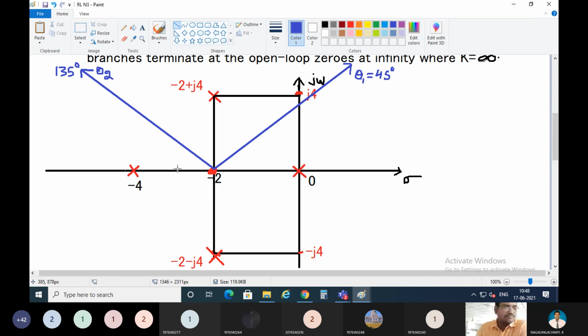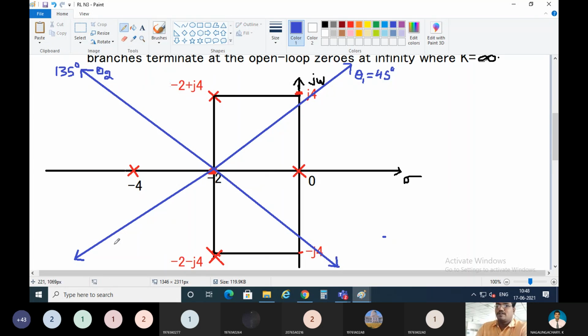Next, 225. Yeah, 225 means same exactly. Next is 315. This is theta 3 and this is theta 4.